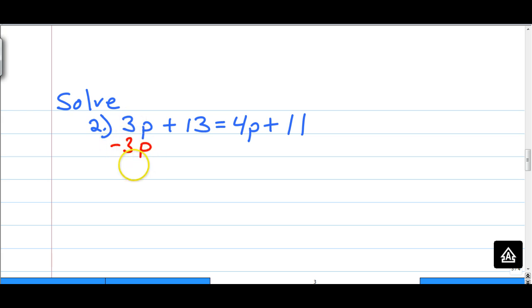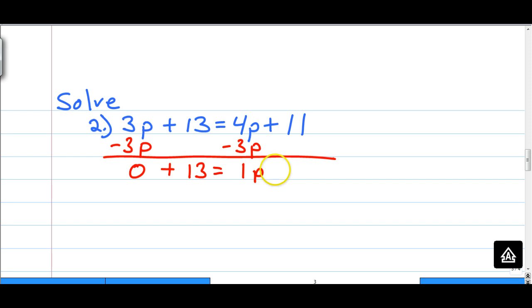This will clear the 3p from the left side, and on the right side leave a positive p-value. So this comes down to 0. Then I have positive 13 equals a 1p plus 11. Another way to write that is 13 equals p plus 11.